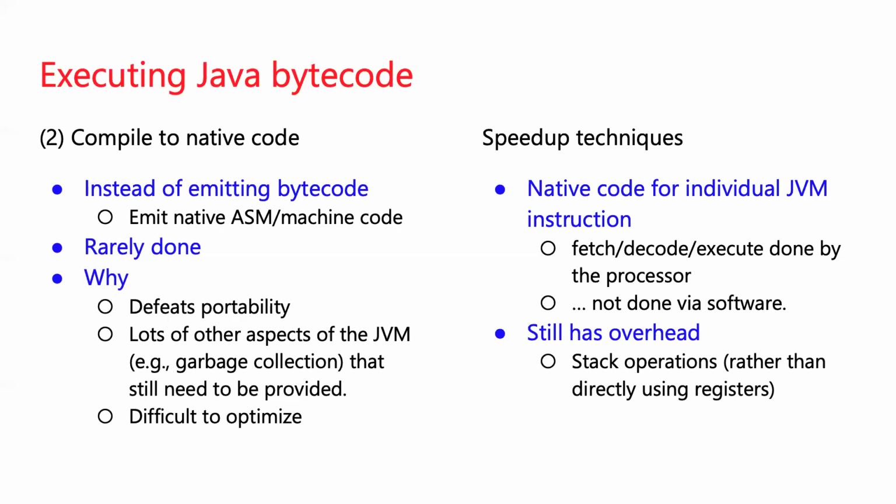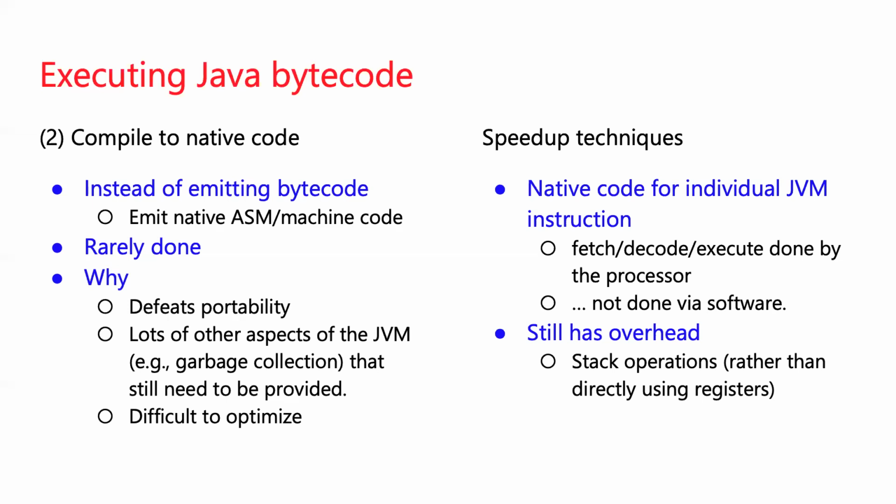This approach, of course, if we can compile down to native instructions, then it could at least make our JVM a lot faster. Instead of having to have a piece of software that did the fetch, decode, and execute of every instruction, by compiling down to native machine instructions, we'd be getting the processor to do that for us.